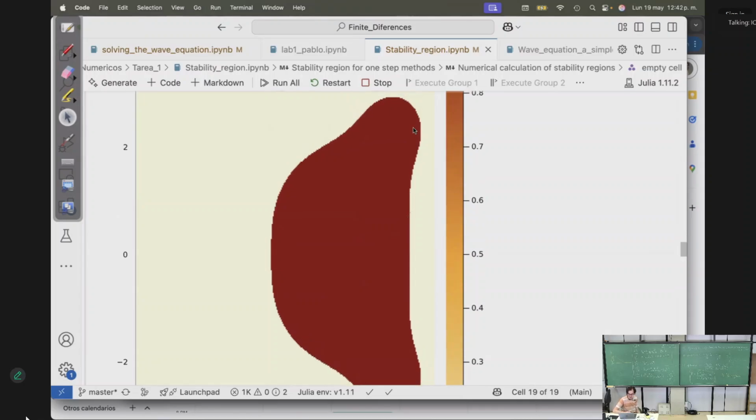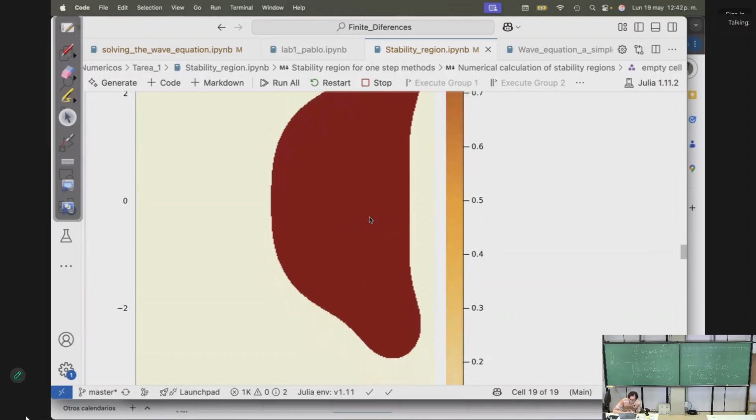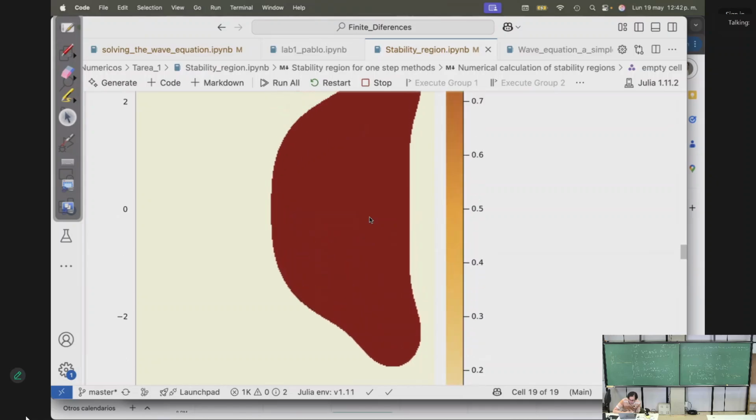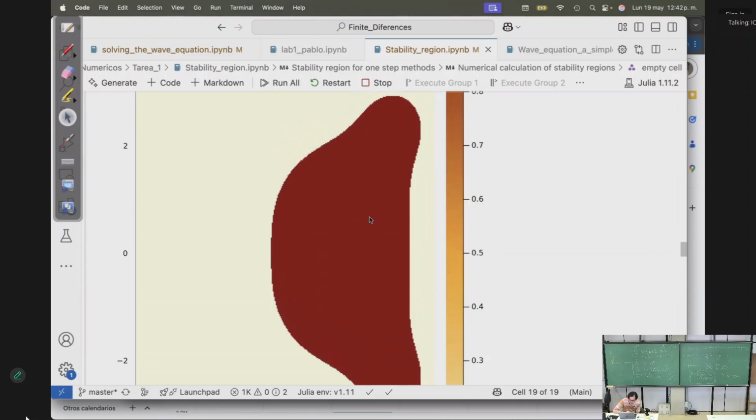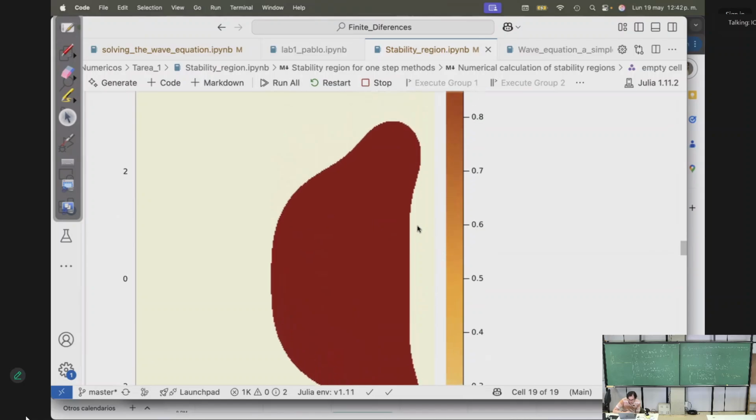We will even be stable for some small positive values of lambda, of the real part of lambda, okay? But again, if we take a very bad delta t, then we will go outside this way.